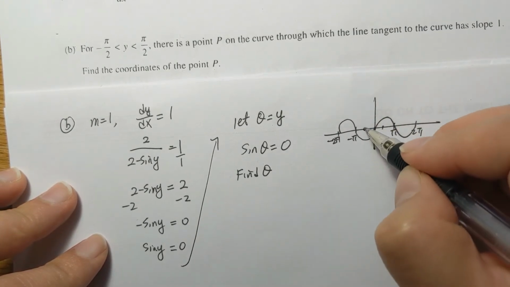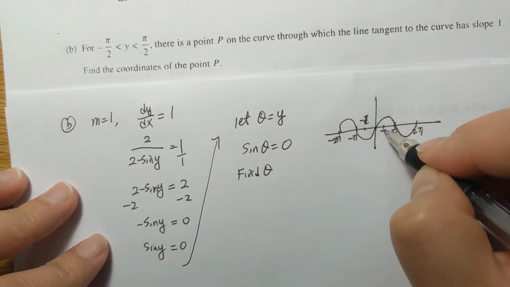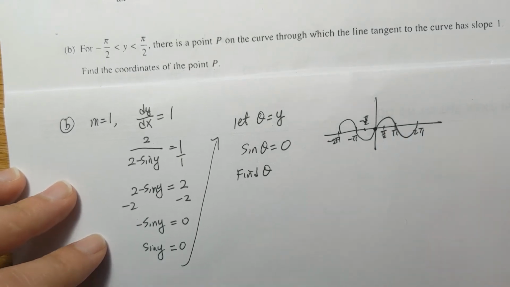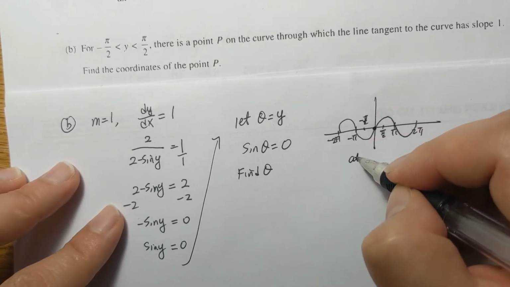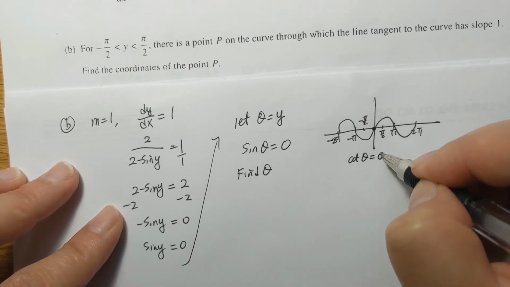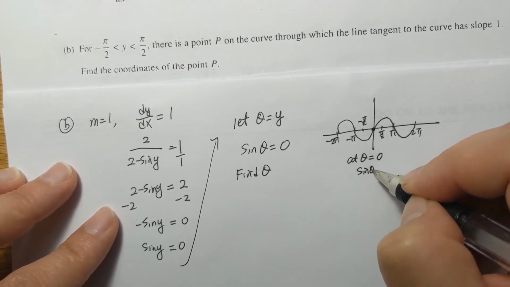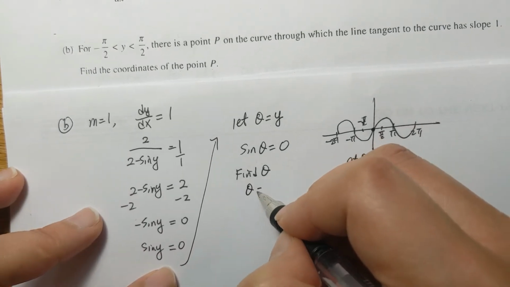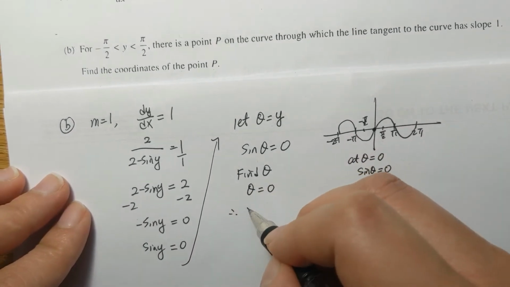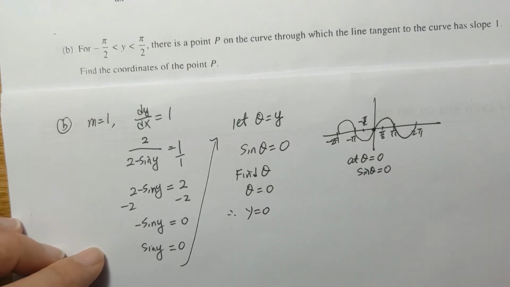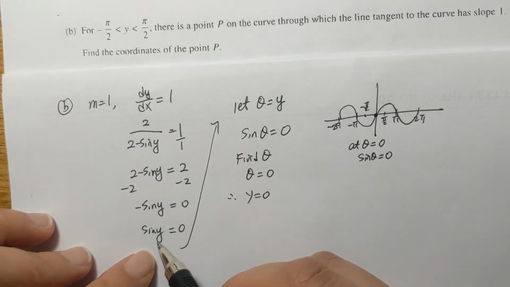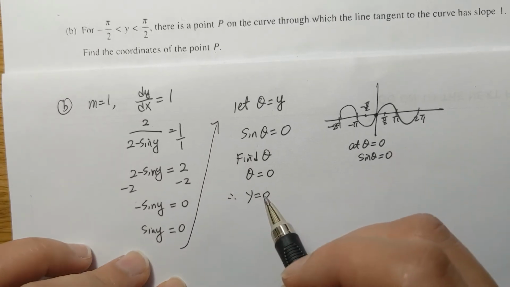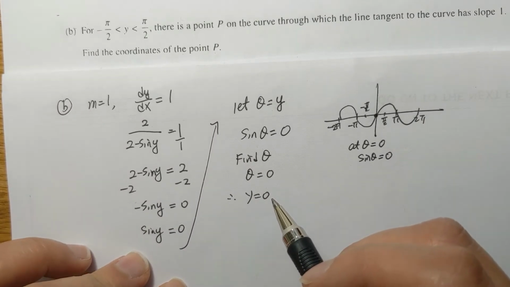And then from negative pi over 2 to pi over 2, you only can have one value. So at theta equal to 0, sine theta equal to 0. So we found that theta equal to 0. So y equal to 0. The same answer as you got before. You just think about sine of what value equal to 0. So we found the y value.